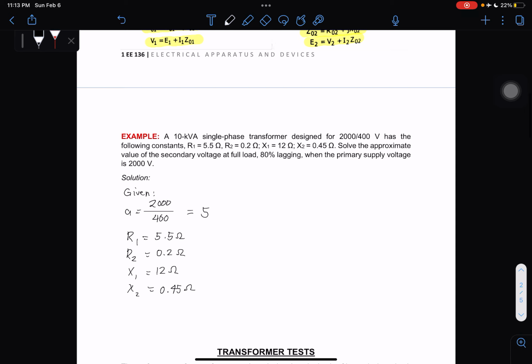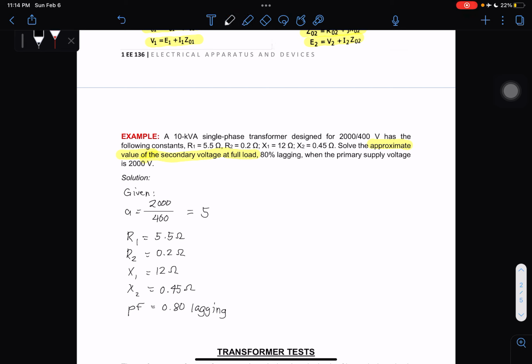And we also have a power factor of 0.80, or 80% lagging. So what we need to solve for, the unknown, is the approximate value of the secondary voltage at full load.